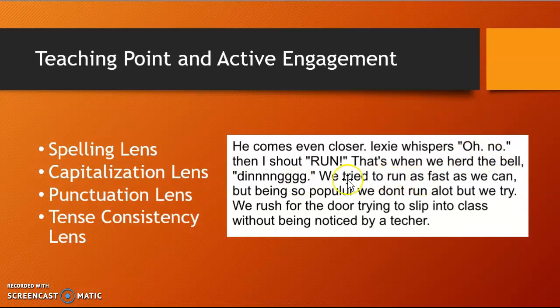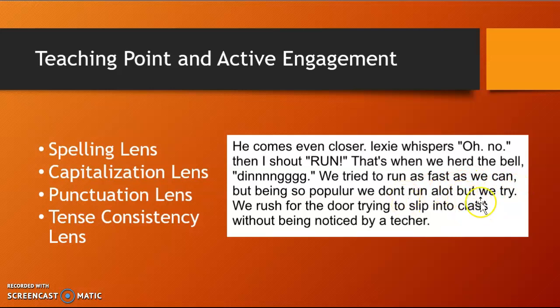I also am going to come around and see, like, I already put a comma right here. So I want to make sure that I'm supposed to have that comma there. We try to run as fast as we can, but being so popular, we don't run a lot, but we try. Okay, I did need that comma right there. I would probably even change up this sentence because it sounds like it's running on a little bit to me.